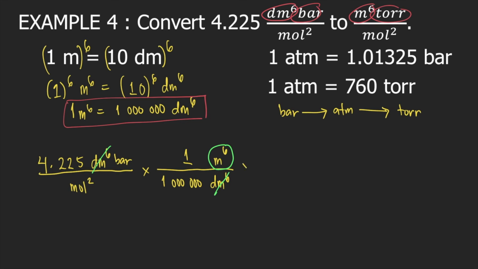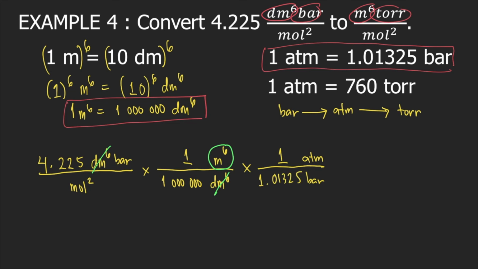To cancel bar, we will put bar on the bottom and atm on top. According to the equivalence, 1 atm is 1.01325 bar. So bar will cancel.